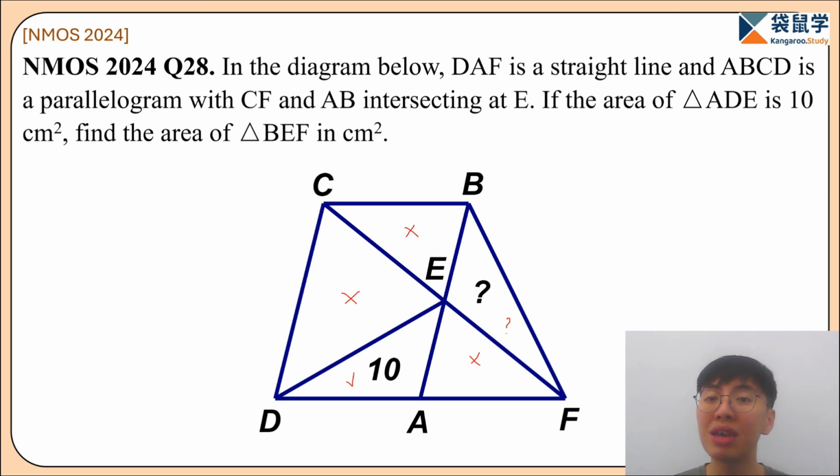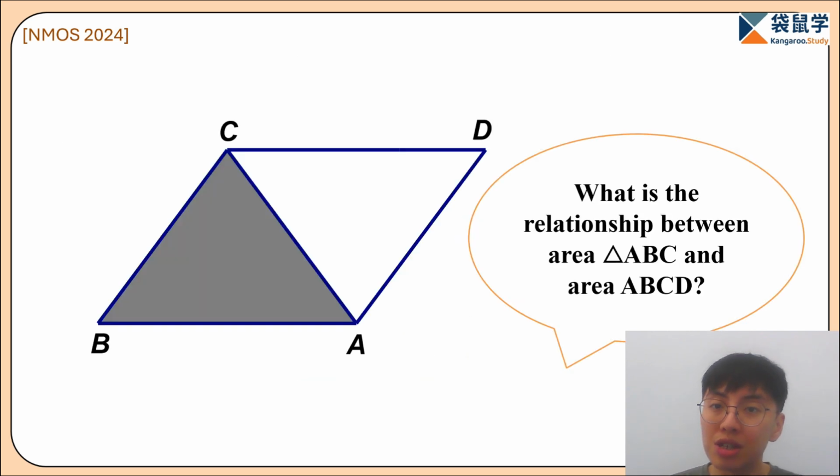So, with that being said, we know that we must find the relationship between the triangle ADE and the triangle BEF to be able to do this question. But how do we do that? That is what we will be talking about today. So without further ado, let's jump straight into the examples.